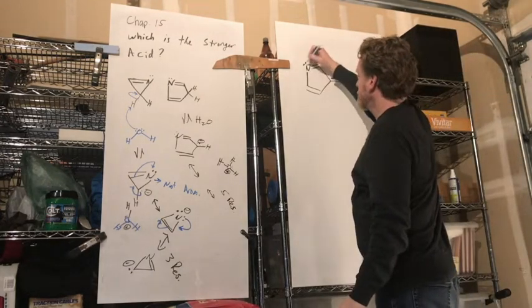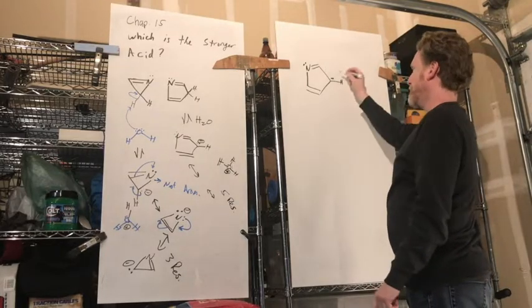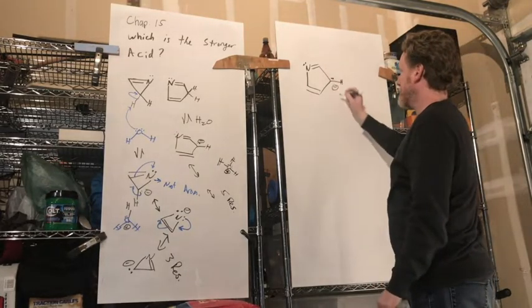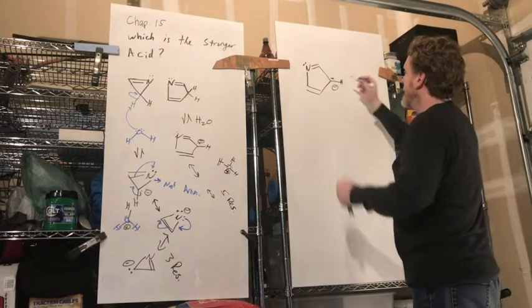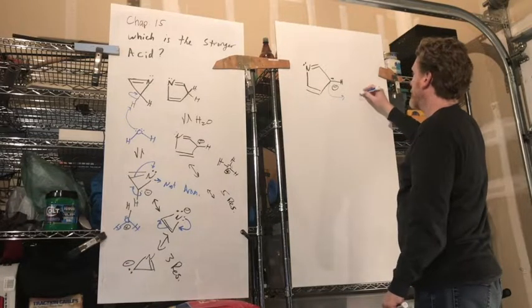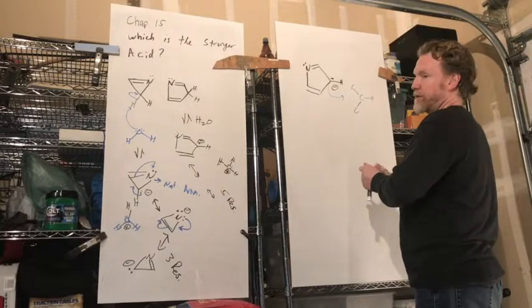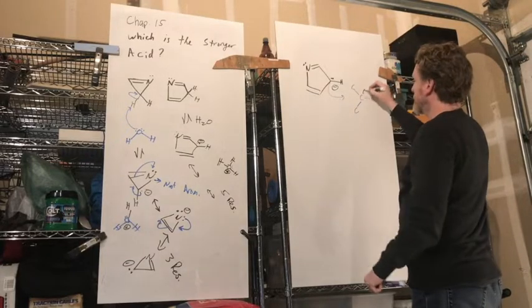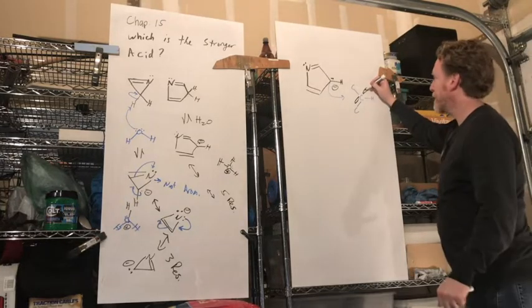Okay, is this one aromatic? So I've got to figure out where these lone pairs are going. There's a minus here. For this carbon, if it's sp2 hybridized, it'll have a hydrogen over here, a carbon there, and the p orbital, that's perpendicular to the sp2 plane, will have the lone pair.